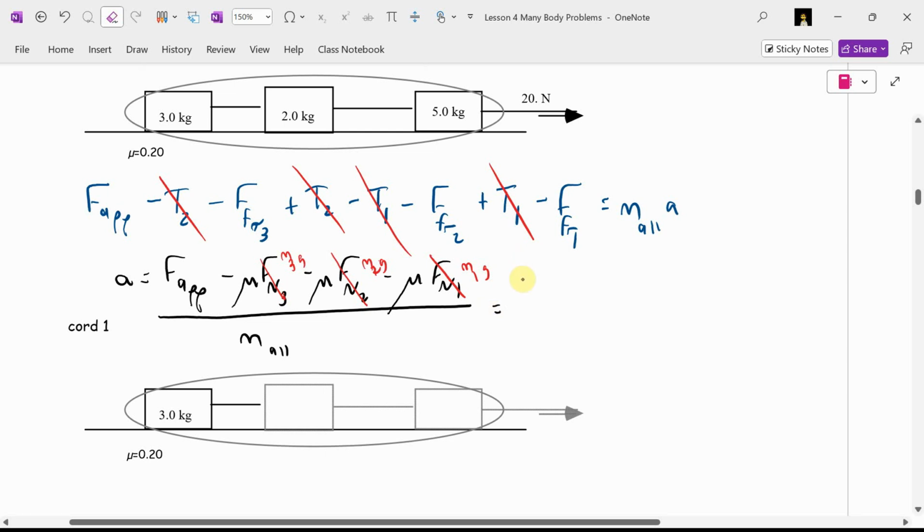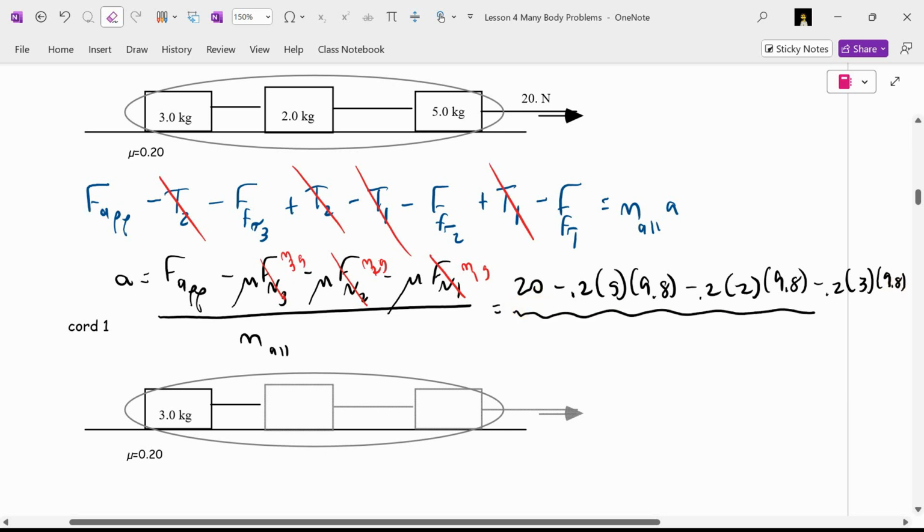F applied was 20 minus 0.2 times 5 times 9.8 minus 0.2 times 2 times 9.8 minus 0.2 times 3 times 9.8, all over 3 plus 2 plus 5. Do that one in your head, Mr. Dueck.